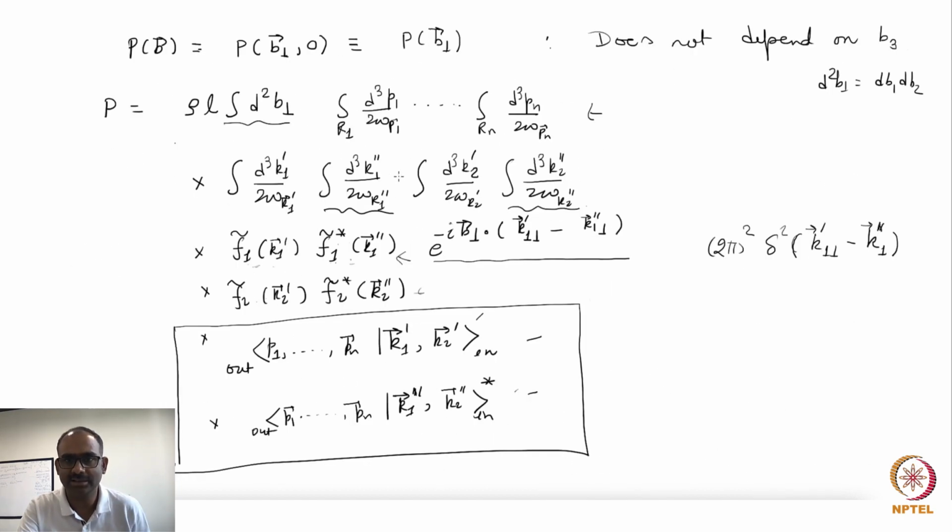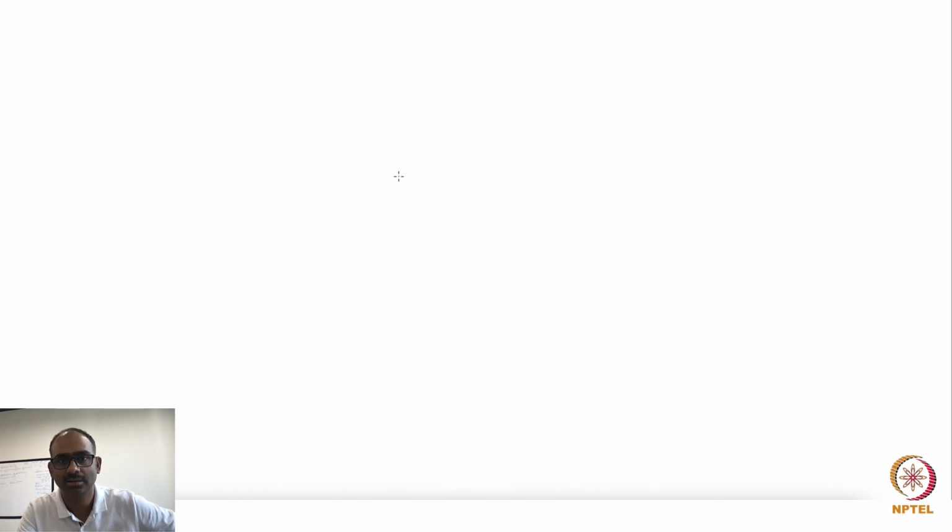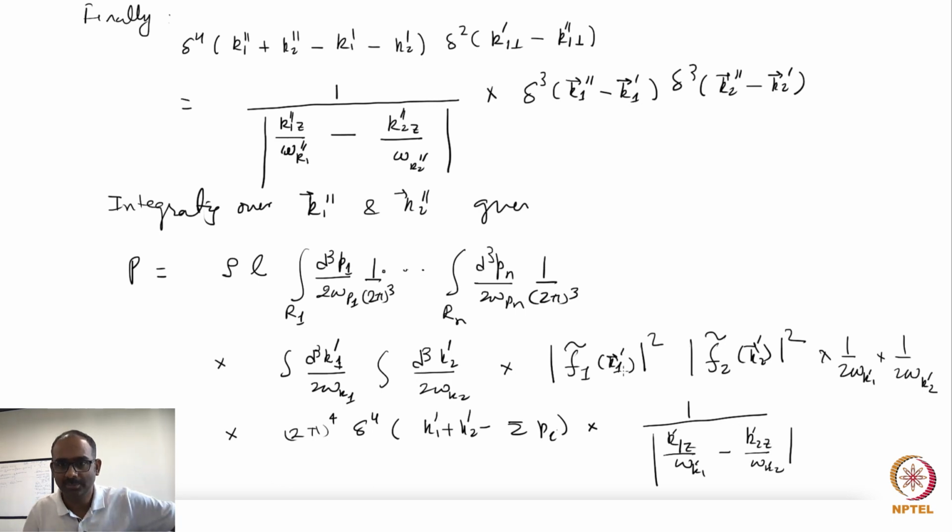So in the limit that it is sharply peaked, I can replace K1 prime by K1 and K2 prime by K2, because you can think of these as delta functions. So they hit only when K1 prime is equal to K1 and K2 prime equal to K2. So wherever K1 prime and K2 prime appear in this expression, I will replace them by K1 and K2, because it picks only those values, because of the delta function or a very sharply peaked Gaussian.